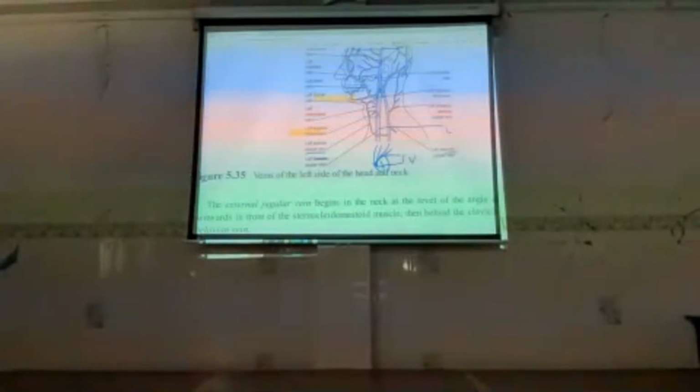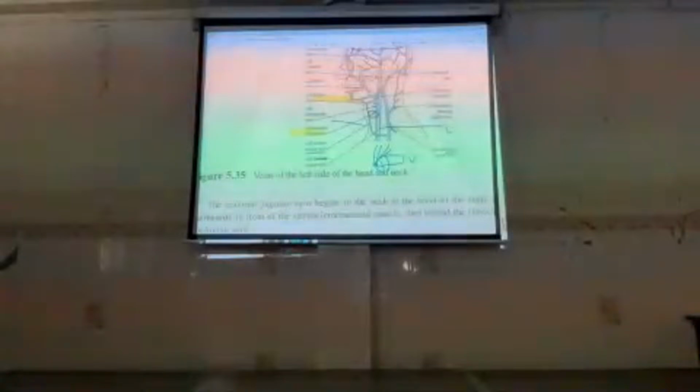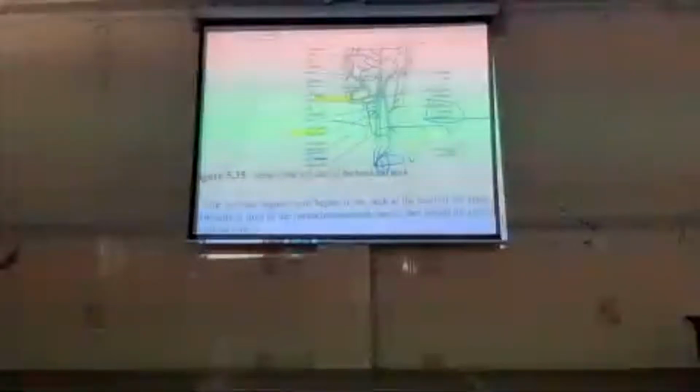From the thyroid gland it receives deoxygenated blood. The neck has an anterior portion and a posterior portion, so we have the posterior external vein and the anterior jugular vein.